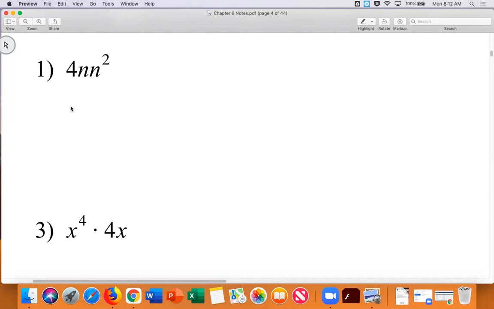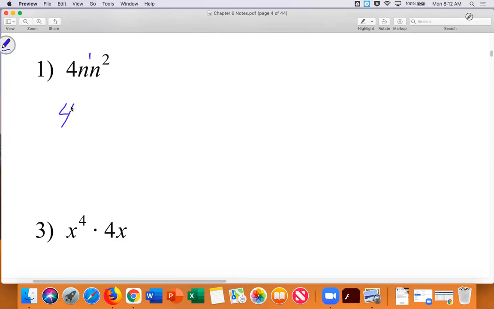If it was division, I would just divide the numbers, agreed? Since there's only one number, I just have 4, right? But now the question is, how many n's do I have? I know I have 2 here, but how many do I have here? I have 1.